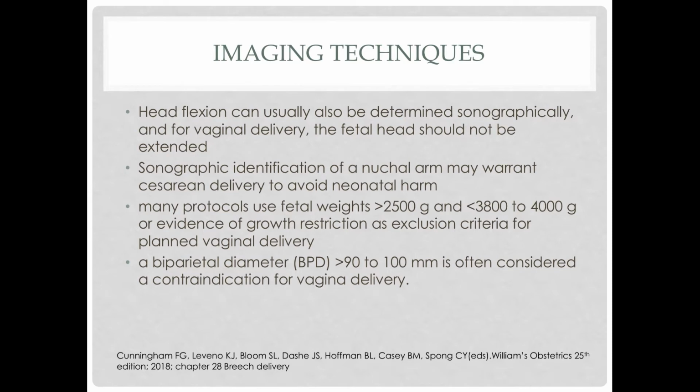Sonographic identification of a nuchal arm may also warrant cesarean delivery to avoid neonatal harm. Many protocols use fetal weights of less than 2,500 grams or more than 3,800 to 4,000 grams, or evidence of growth restriction, as exclusion criteria for a planned vaginal delivery. And a biparietal diameter of more than 90 to 100 millimeters is often considered a contraindication for vaginal delivery. So all of these may be determined through ultrasound.